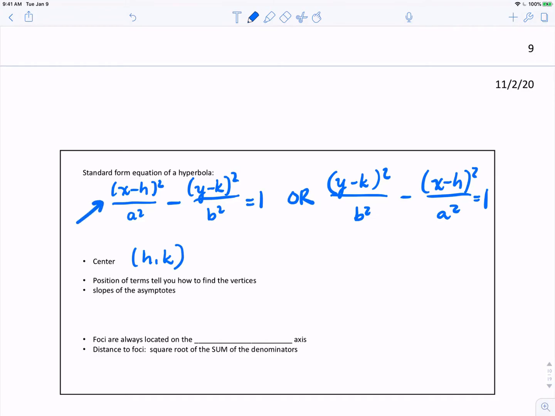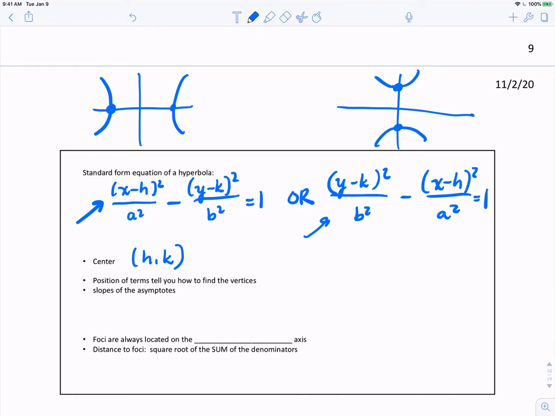So when the x term is first, when you go to graph it, you're going to move in the x direction to find the vertices, and so the hyperbola will end up looking like this. If the y term is first, you're going to move in the y direction to find the vertices, and so the orientation of the hyperbola will look like that. So the position of the terms tells you how to find the vertices.